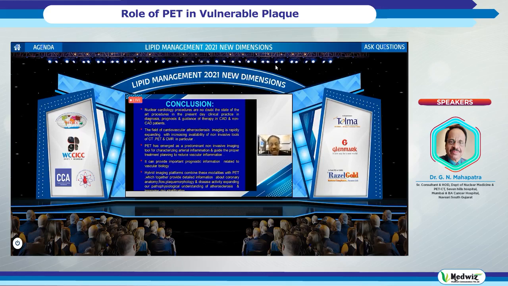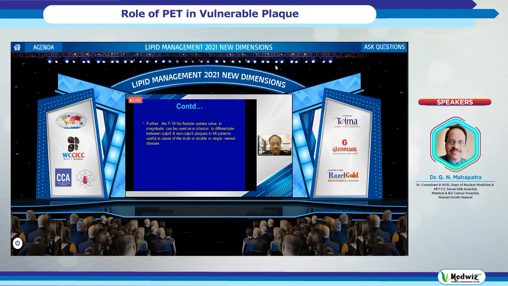It can provide important prognostic information related to vascular biology. Hybrid imaging with PET-CT and PET-MR is also promising. Further, the F18 sodium fluoride uptake value in magnitude can be used as a criterion to differentiate between culprit, unstable, and non-culprit, stable plaques in MI patients, useful in cases of multi, double, or single vessel disease.